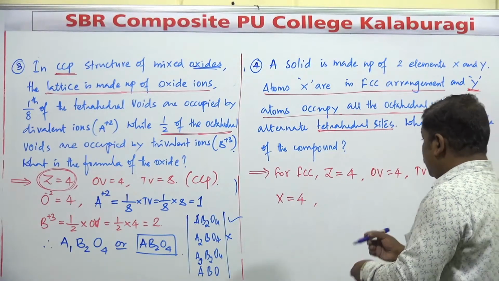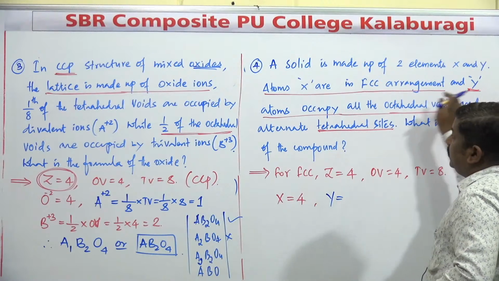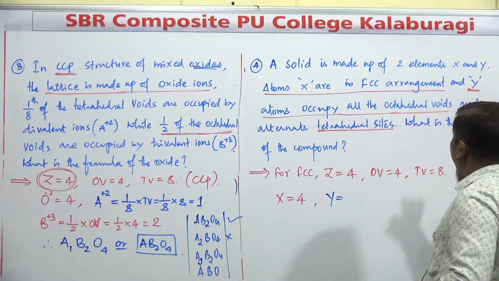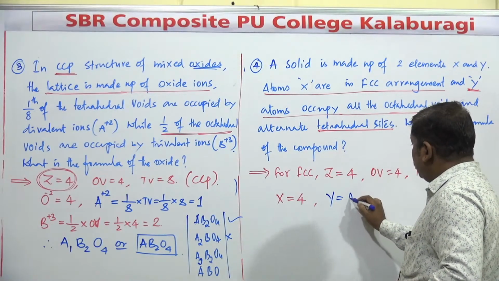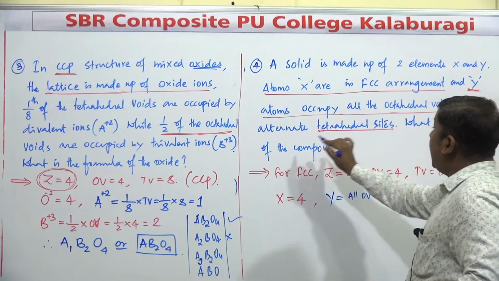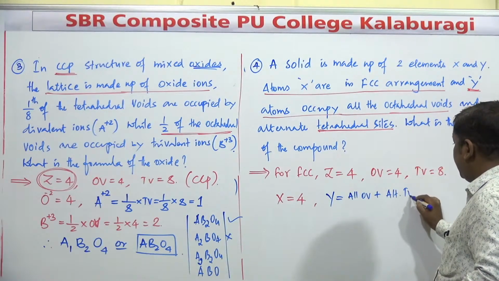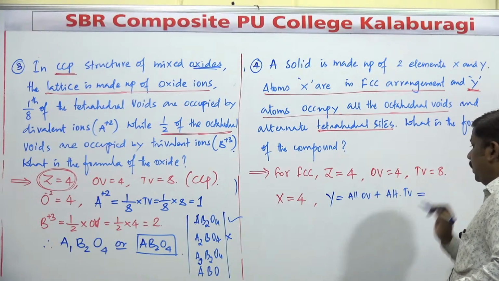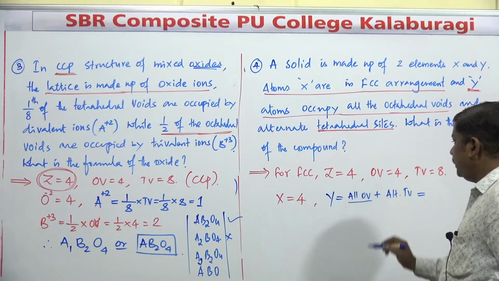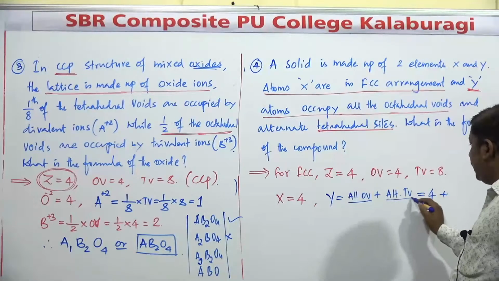This is Y. Y atoms are occupying all the octahedral voids, plus alternate tetrahedral sites. The number of octahedral voids present here is 4. What is the alternate tetrahedral void?